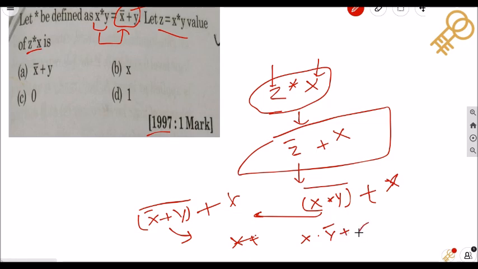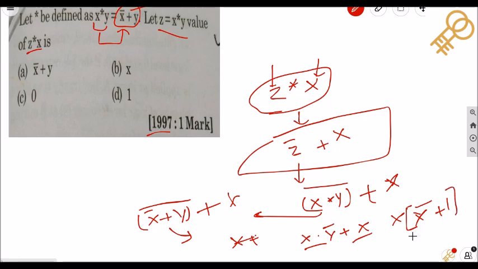And x is already there, so there are two terms, and we'll take x common from both. So the remaining element will be y complement plus 1.